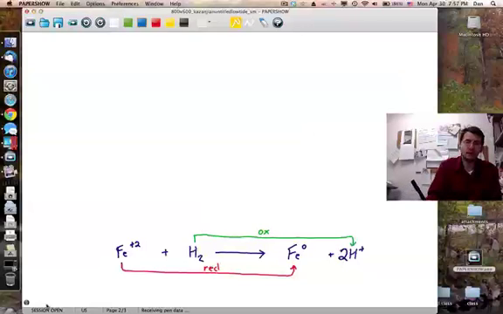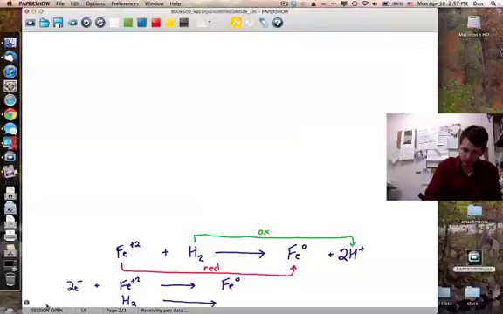To make this process work, there's a series of what we call half reactions associated with this. So we could conceptually break this up into an iron reacting to form iron plus 2 electrons, and then the H2 undergoing the reduction, or the oxidation, excuse me.